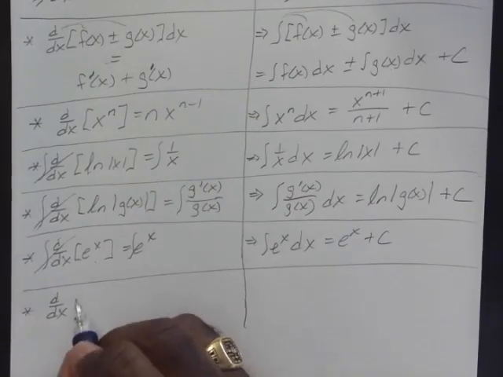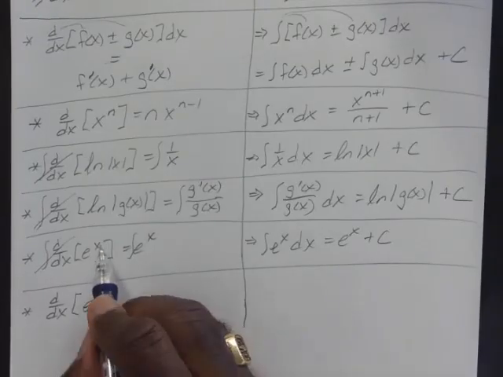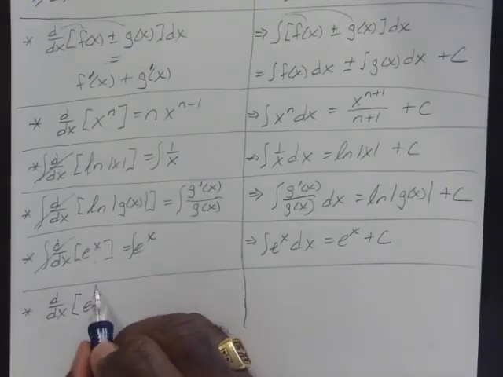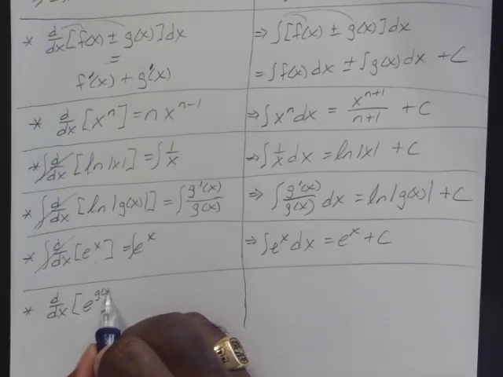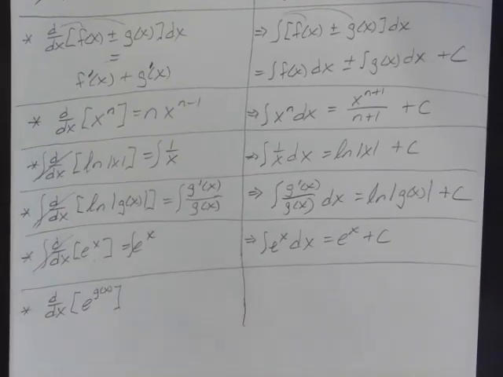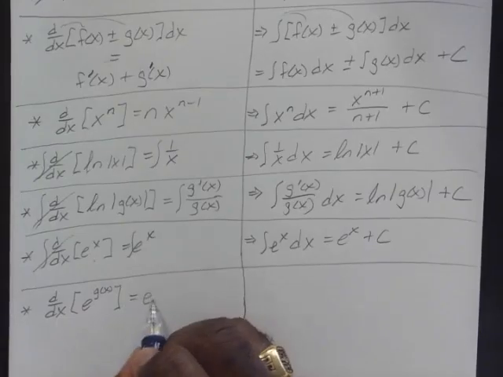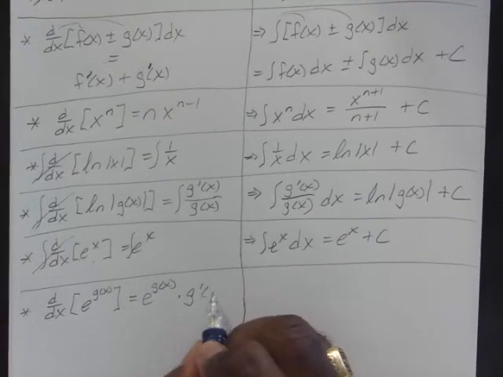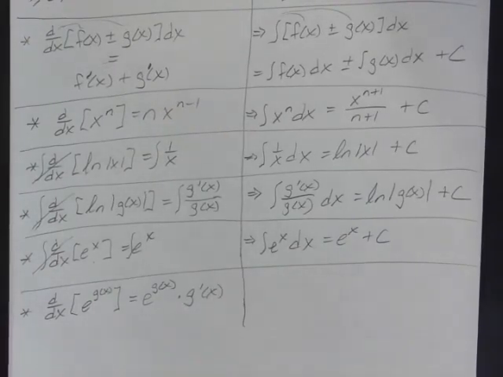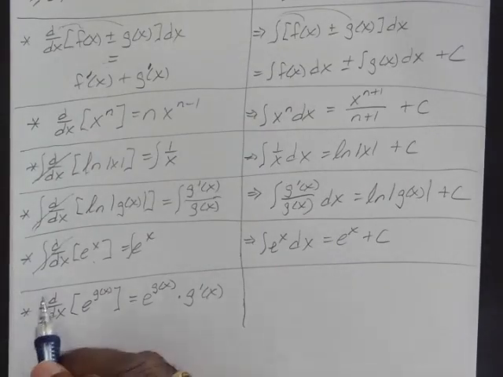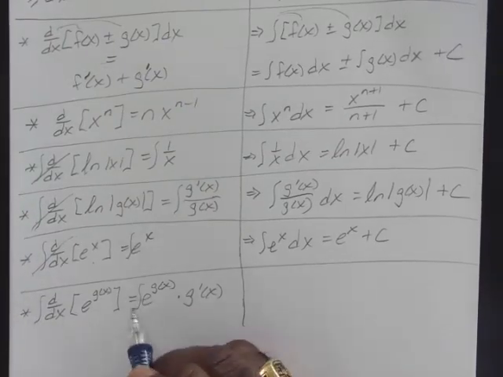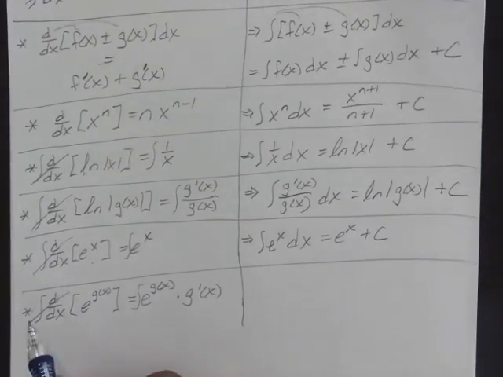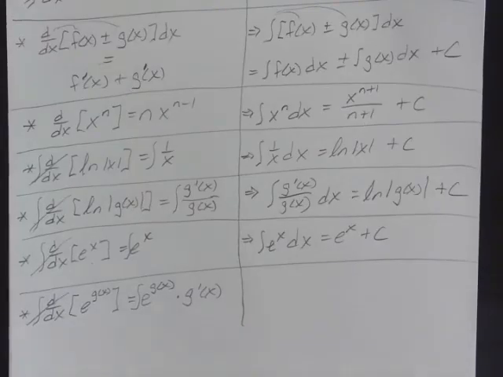That's the derivative of e to the power of some function of x other than just x by itself. So we'll call that g of x. Okay. We've already proven that that's equal to e to the power of g of x times g prime of x. So we take the antiderivative of both sides. We know the derivative cancels out with that antiderivative.